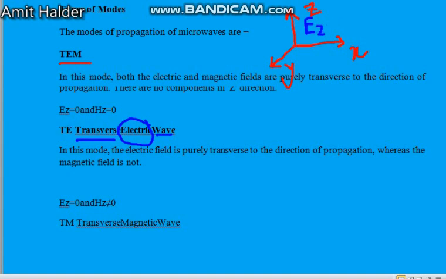How can we draw a conclusion or understand this? First of all, as I have said, if EX runs through here and EY runs through here, as you can see, Hz is not equal to 0. That means Hz will be there. So the transverse electric wave does not generate Ez upwards.